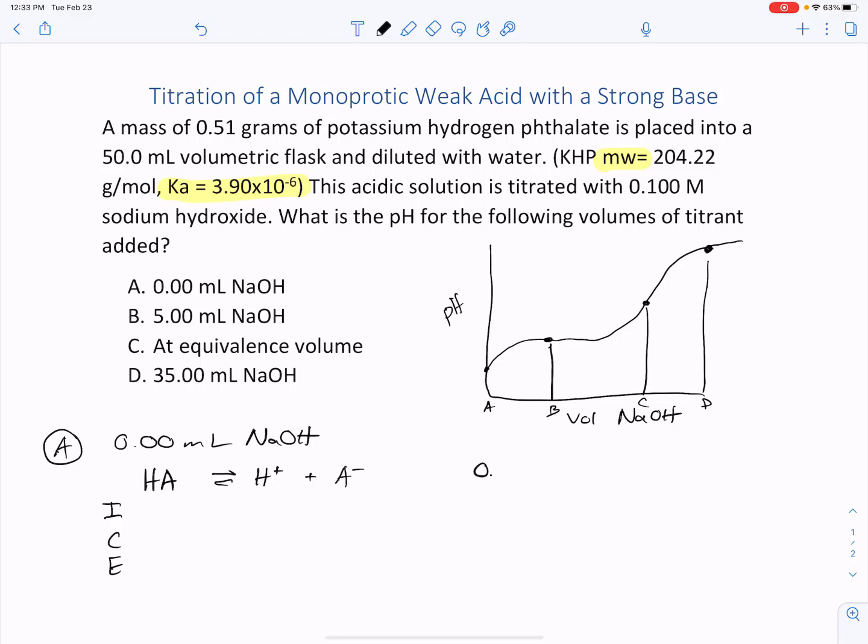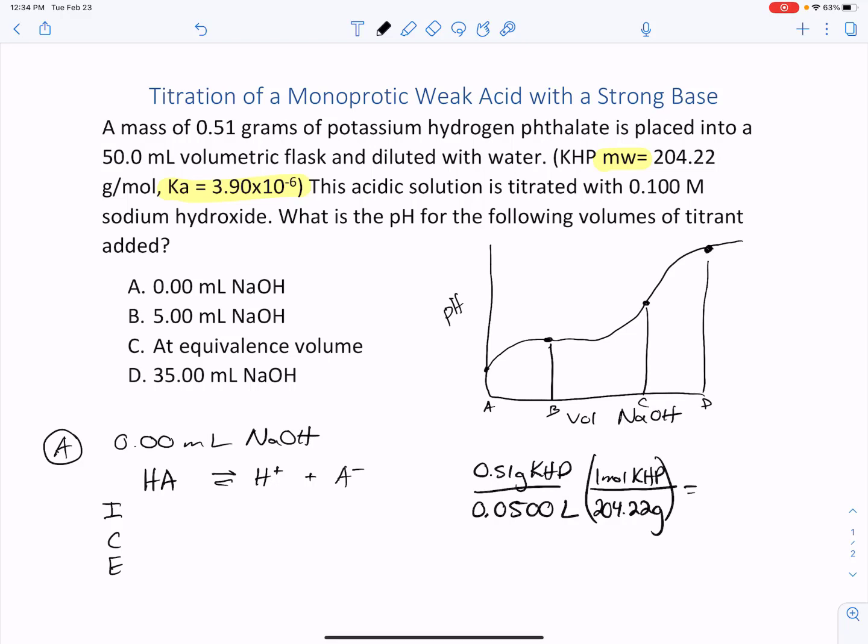I know I placed 0.51 grams of KHP into a 50 milliliter volumetric flask. That's the same thing as 0.0500 liters. Now I need to convert my grams to moles, so I do 204.22 grams per 1 mole of KHP.